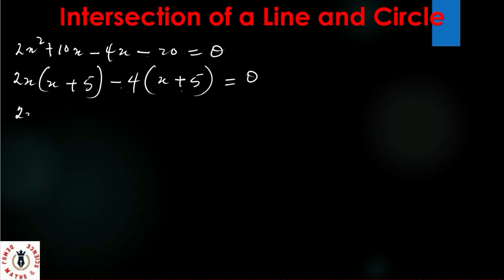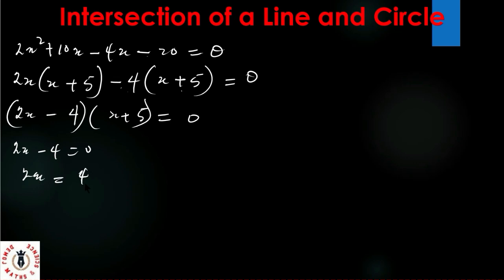So that (2x minus 4) into (x plus 5) equals 0. So that 2x minus 4 equals 0, 2x equals 4, x equals 4 over 2. And at the same time, x plus 5 equals 0, x will equal minus 5.